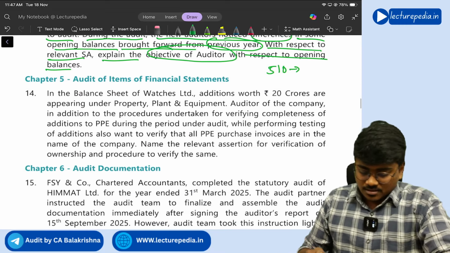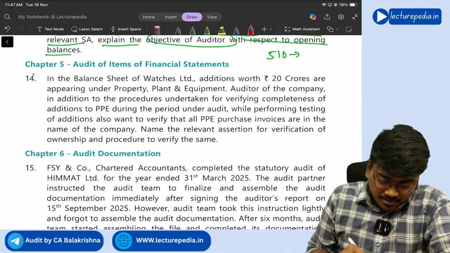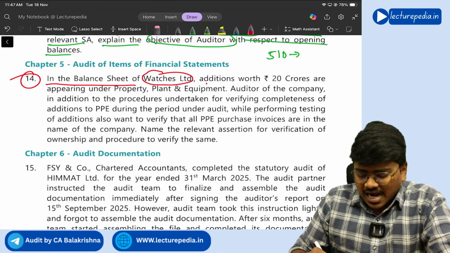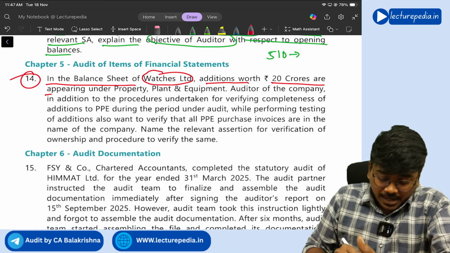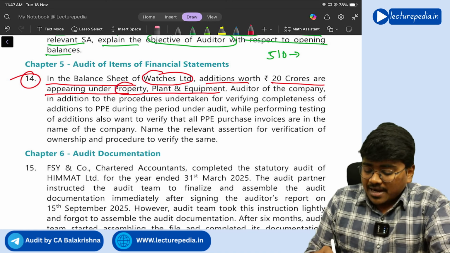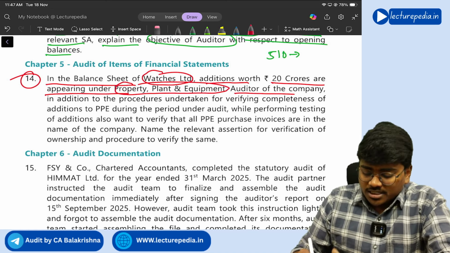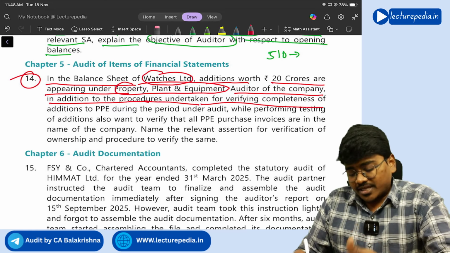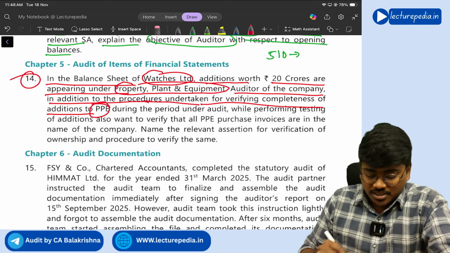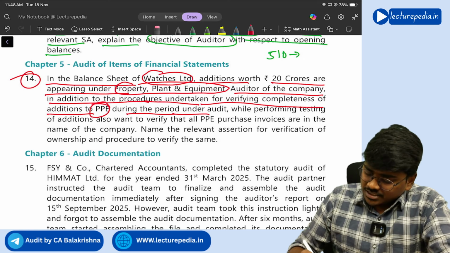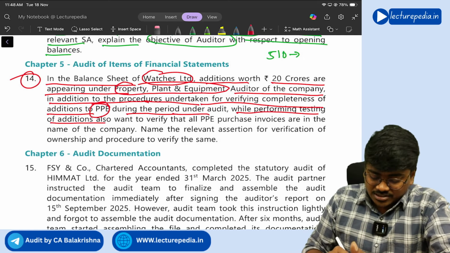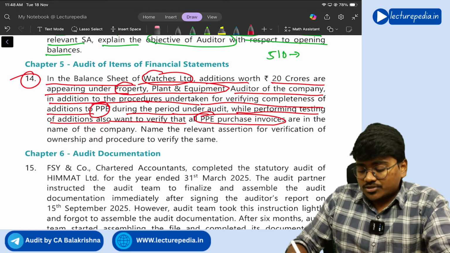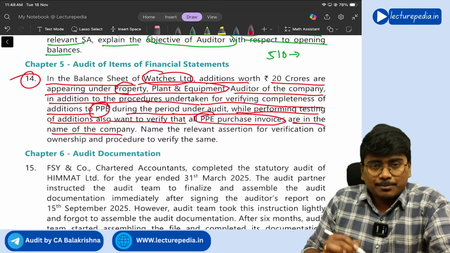Next, question number 14. In the balance sheet of Watches Limited, additions worth 20 crore are appearing under property, plant and equipment. Auditor of the company, in addition to the procedures undertaken for verifying completeness of additions to PPE during the period under audit, while performing testing of additions, also wants to verify that all PPE purchase invoices are in the name of company.